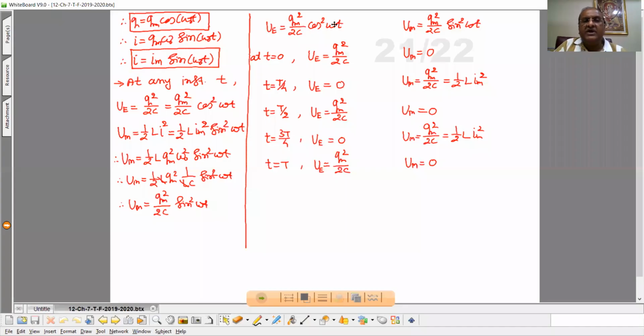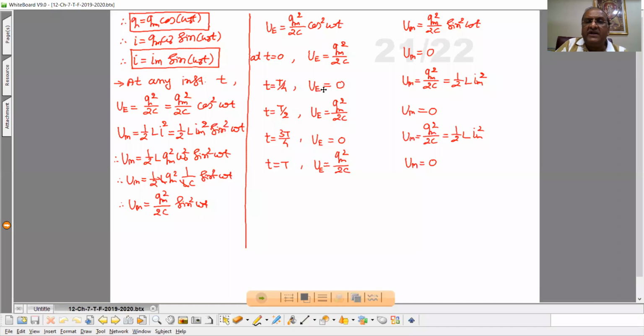So at time t equal to 0, the total energy is in the form of electric field, and the energy in the form of magnetic field, or magnetic energy, is 0. Then at time t equal to T by 4, if we take omega as 2 pi by T and substitute t equal to T by 4, then this will turn to pi by 2.